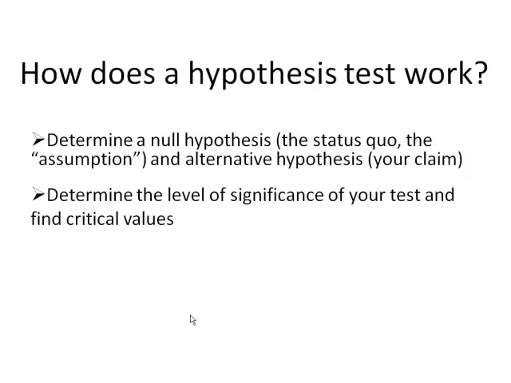If we think about the justice system, the null hypothesis is innocence, the alternative hypothesis is guilt, and as a prosecutor, what you're trying to do is find evidence to reject the null hypothesis, or reject innocence, and show that in fact innocence isn't a good assumption to make.